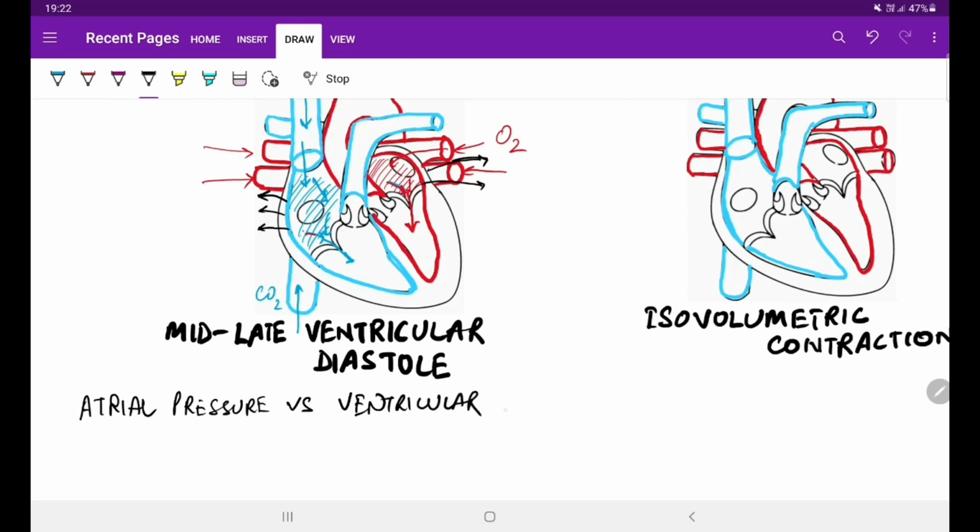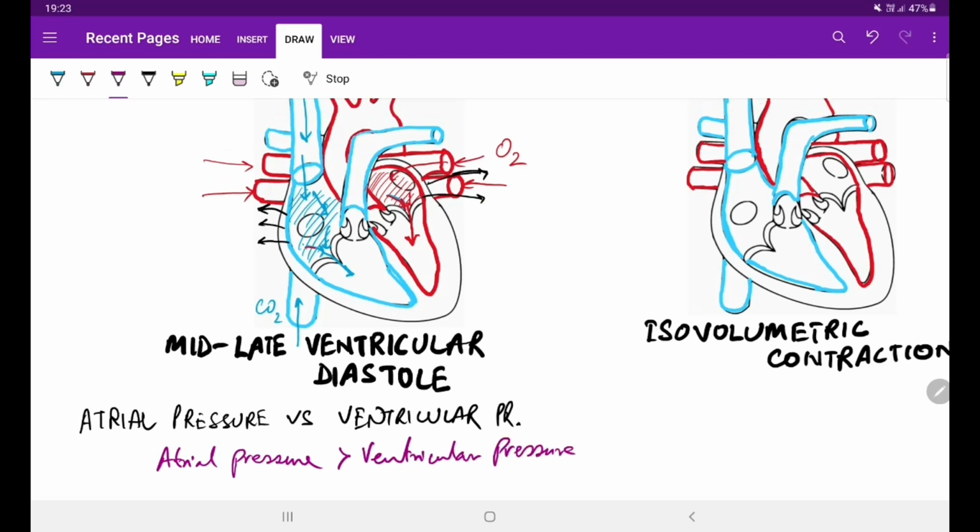We will see how these pressures differ and which chamber will put more pressure. As the blood is more inside the atria, definitely the pressure will be more in the atria as compared to the ventricles.